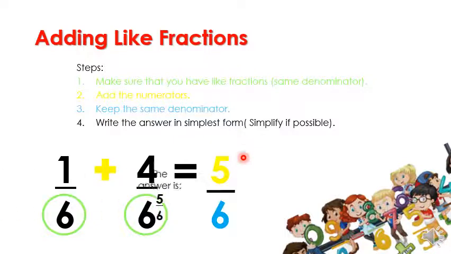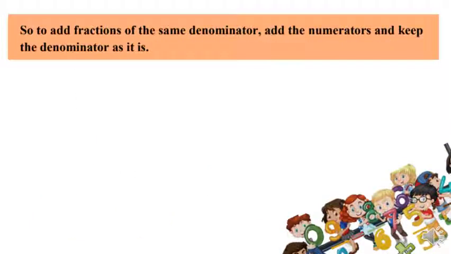No. So 5/6 is the simplest form, which is our answer. So to add fractions of the same denominator, what to do? We add the numerators and keep the denominator as it is.